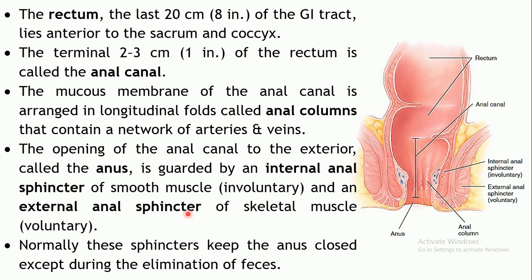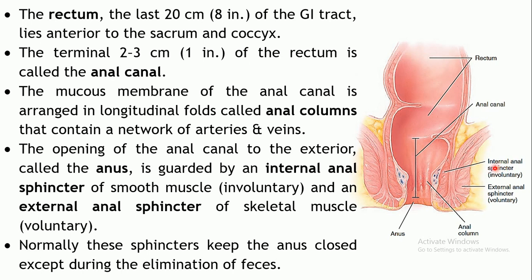There are 2 sphincters guarding the opening of the anus towards the exterior. As you can see over here, this is located internally. That's why it is called the internal anal sphincter.